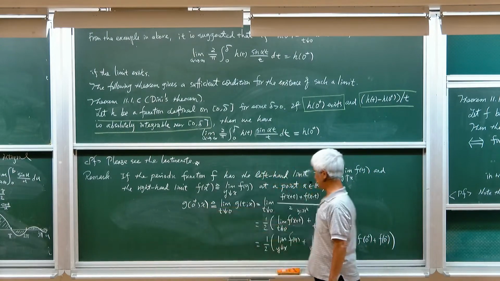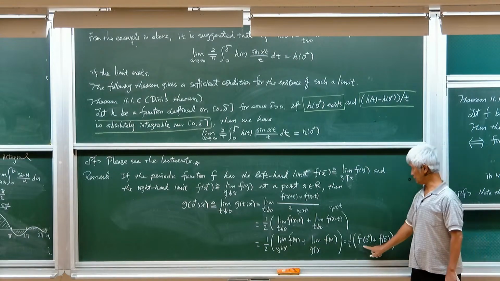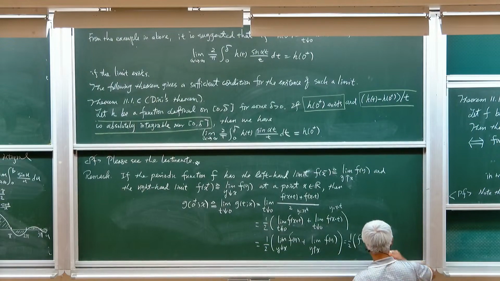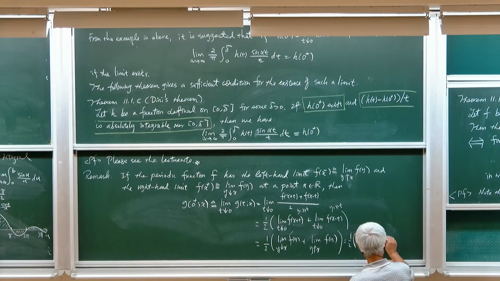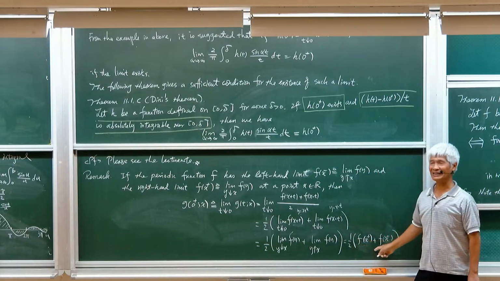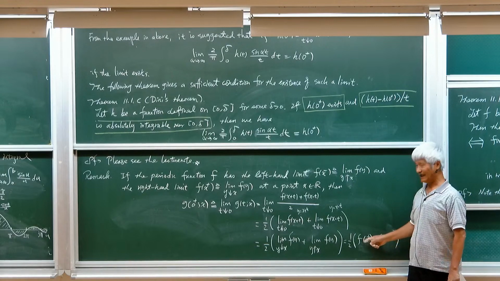This exists and is equal to the average, sorry, the average of the right-hand limit and the left-hand limit at x.